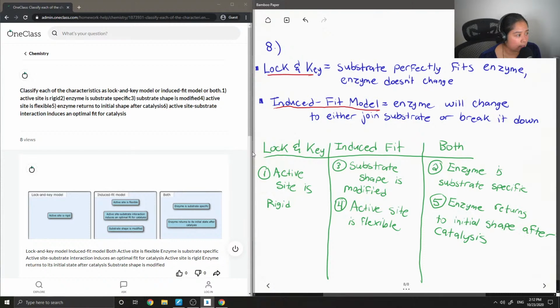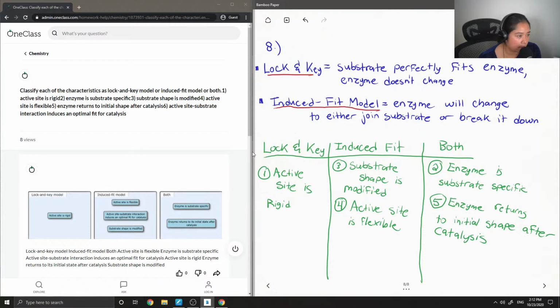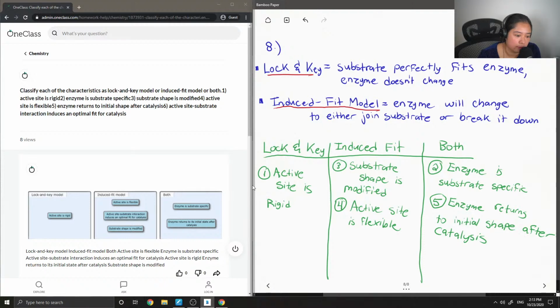And then lastly, 6, active site substrate interaction induces an optimal fit for catalysis. So this is the example of induced fit model.